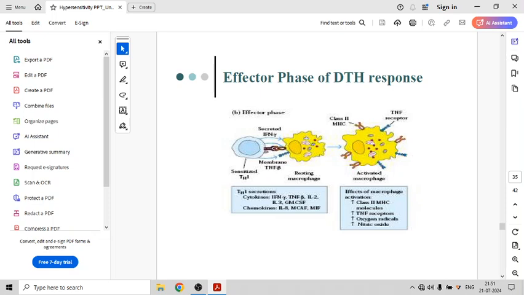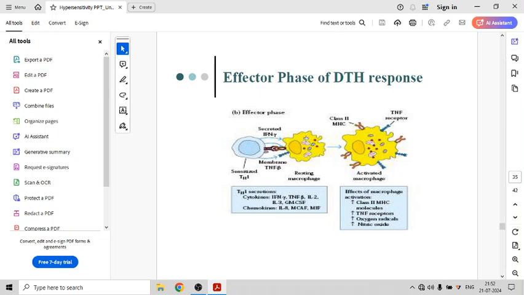And this results in infiltration of macrophages into the area where the antigen is in abundance. A large number of macrophages start infiltrating that area and they are getting activated because of the Th1 cell cytokines.